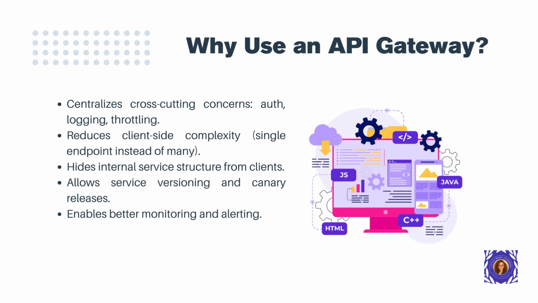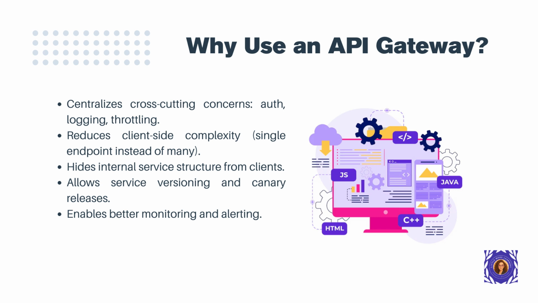You might be wondering, why add another component to my architecture? The answer is simplification. An API gateway centralizes all those cross-cutting concerns that would otherwise need to be implemented in every service, things like authentication, logging, and throttling requests. For your client applications, this reduces complexity dramatically.